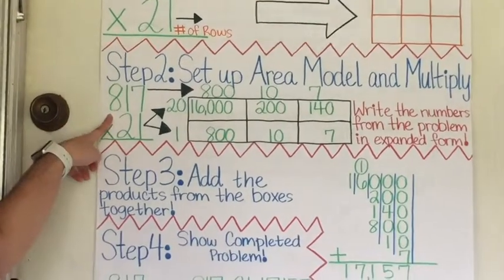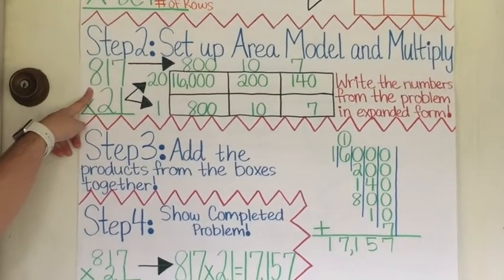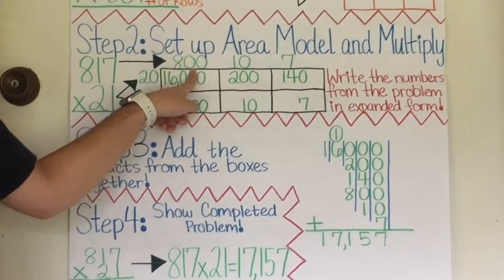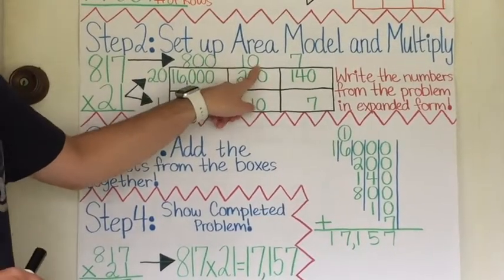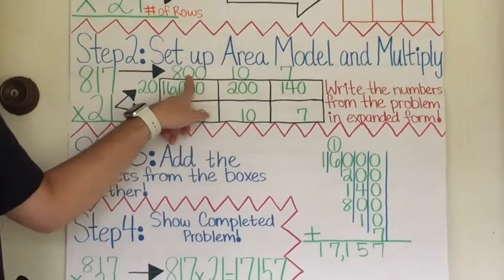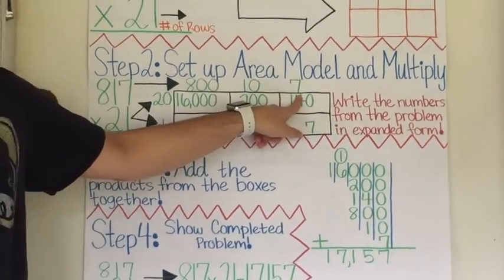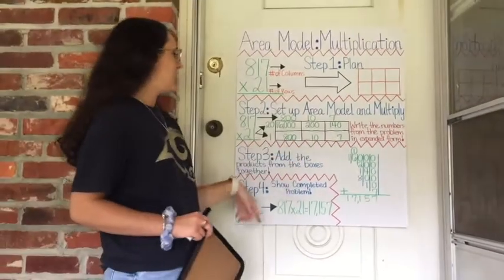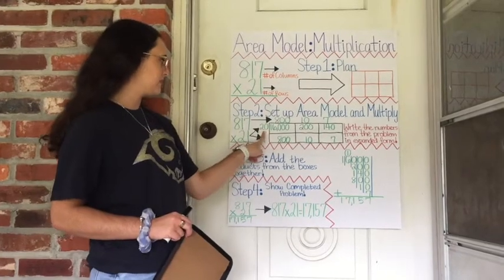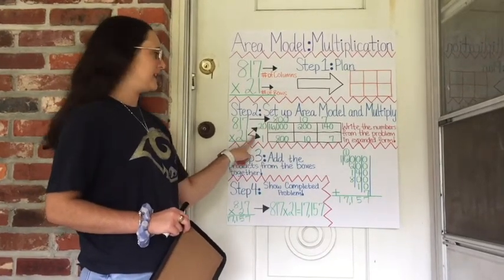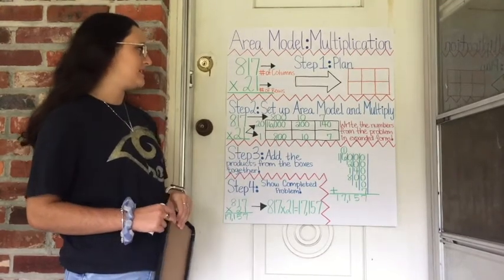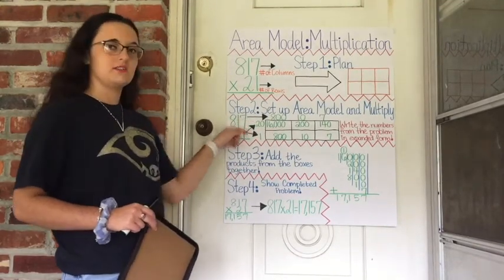So 817 in expanded form is 800 from the hundreds place, 10 from the tens place, and 7 from the ones place. So you'll have 800, 10, and 7 on top of your grid. And 21 in expanded form is 20 from the tens place and 1 from the ones place. So you're going to have 20 and 1 on the side, for the rows of your grid.